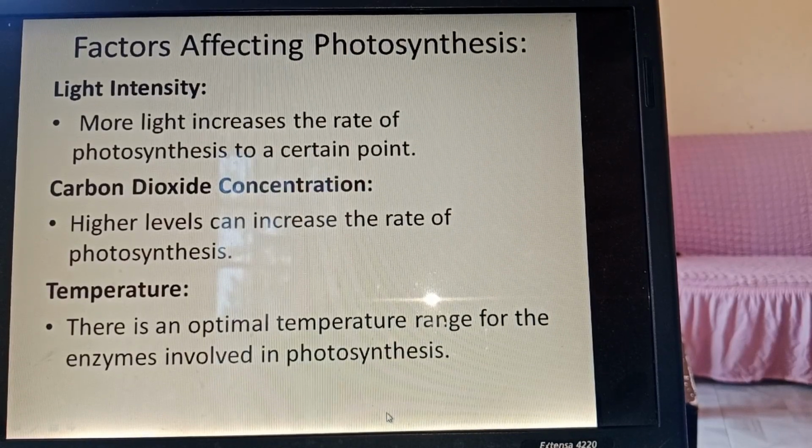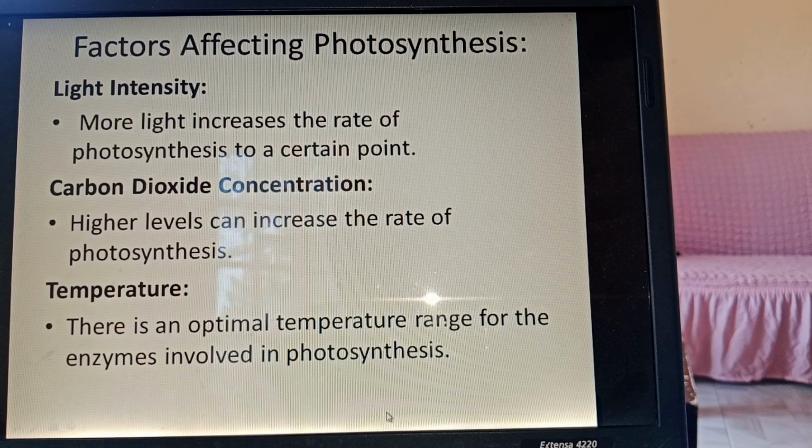Factors affecting photosynthesis. The first factor is light intensity. If you have more light, it increases the rate of photosynthesis to a certain point, beyond which increasing the light does not increase the rate. That's why we are saying to a certain point.